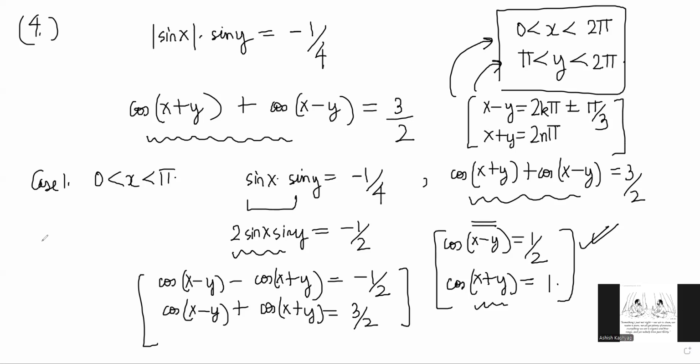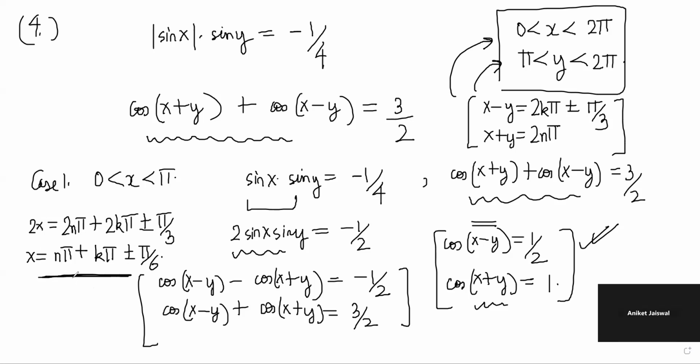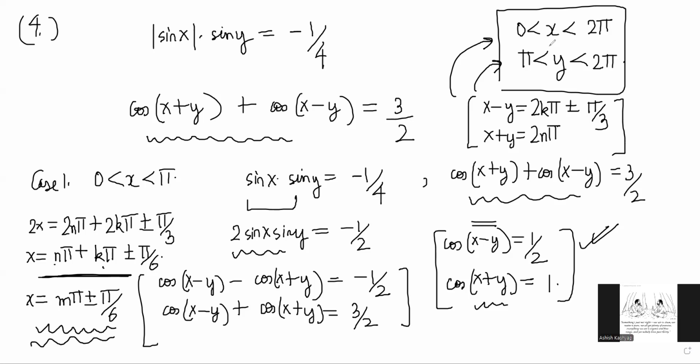For example, if I add the two equations, I will get 2x is equal to 2n pi plus 2k pi plus minus pi by 3. So x is equal to n pi plus k pi plus minus pi by 6, right? So basically n plus k is an integer. So I can write it as m pi plus minus pi by 6, where m is n plus k. And now I will see what integers will give us values between 0 to 2 pi.